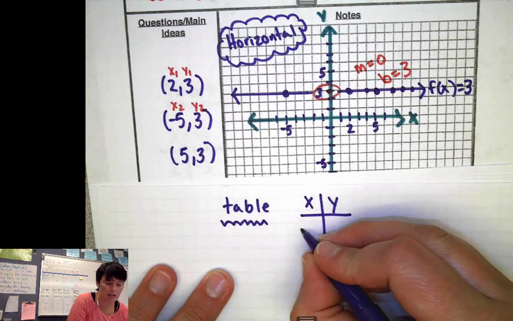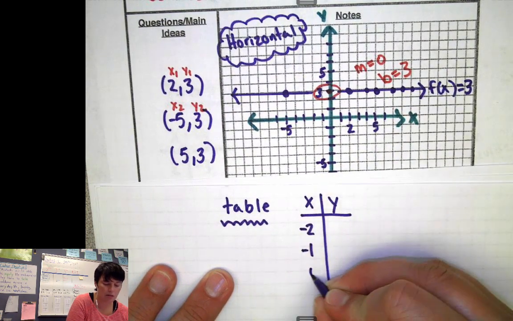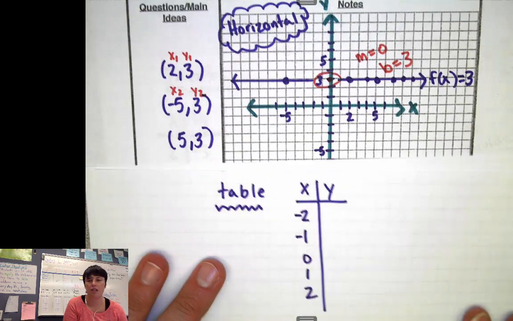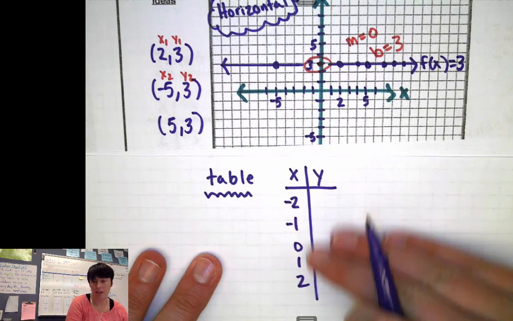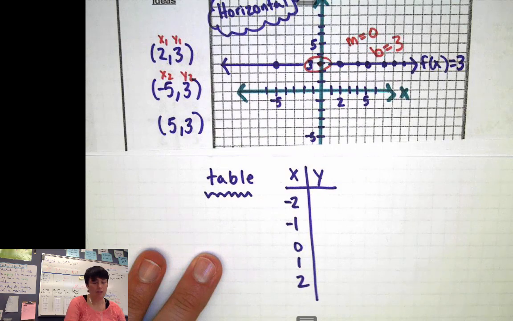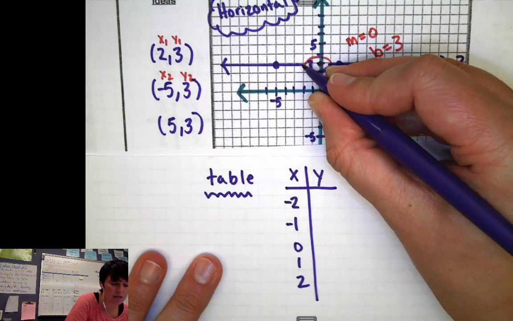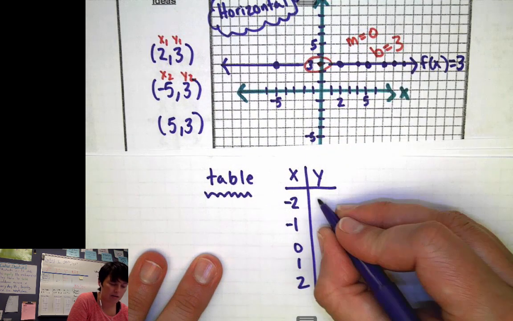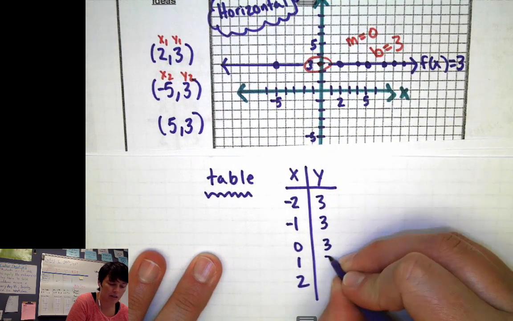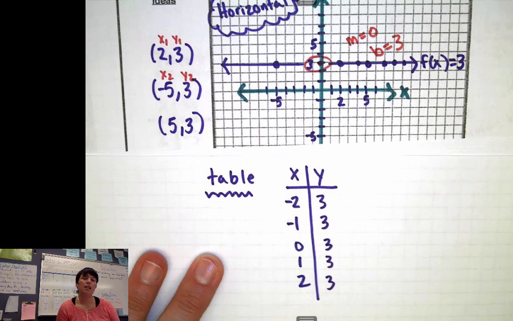So you could go negative 2, negative 1, 0, 1, 2. You could go classic on your table, which is usually what I typically do, just use negative 2 to positive 2. But if I go from negative 2 to positive 2 on my graph, they're all at 3, 3, 3, 3, 3. So you can kind of see some trends in these tables.